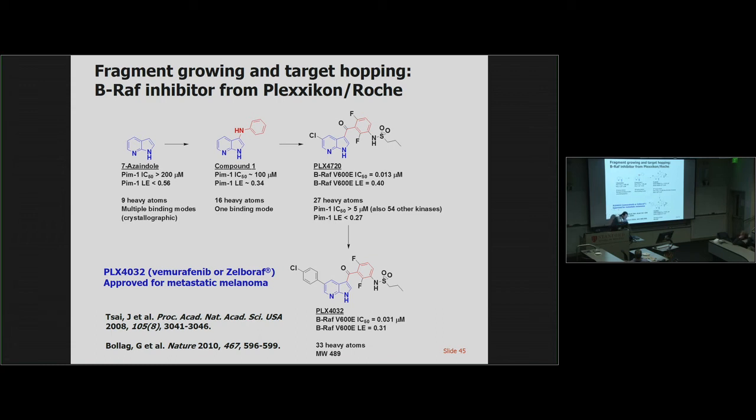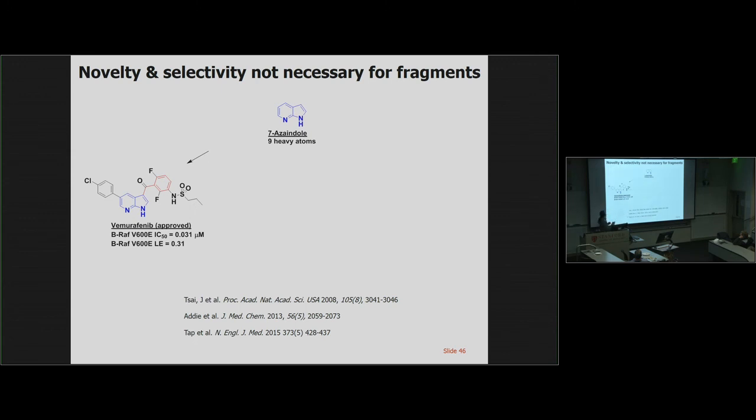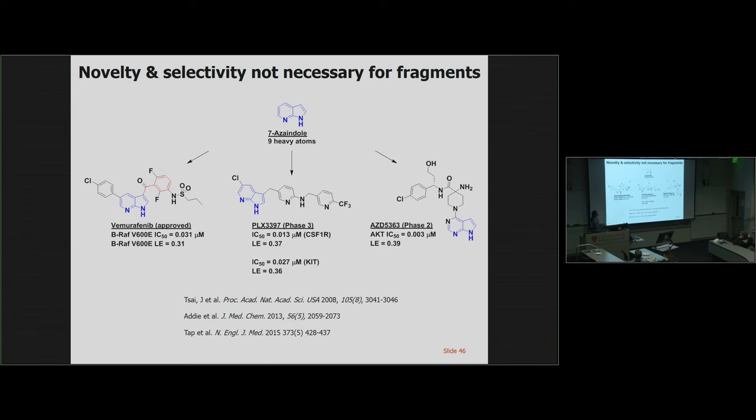And just sort of driving that point home, this is azaindole leading to vemurafenib. Plexxikon also started with 7-azaindole to come up with a different series of compounds that hit a different kinase, CSF1R. And independently, researchers at Astex and AstraZeneca also started with 7-azaindole to come up with an inhibitor of the kinase AKT. Same starting point, 3 totally separate molecules against 3 separate kinases, all with defensible intellectual property.